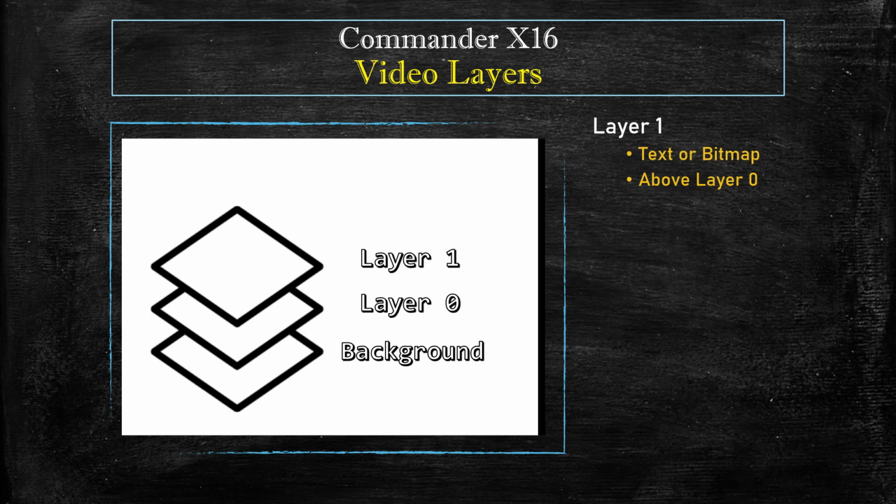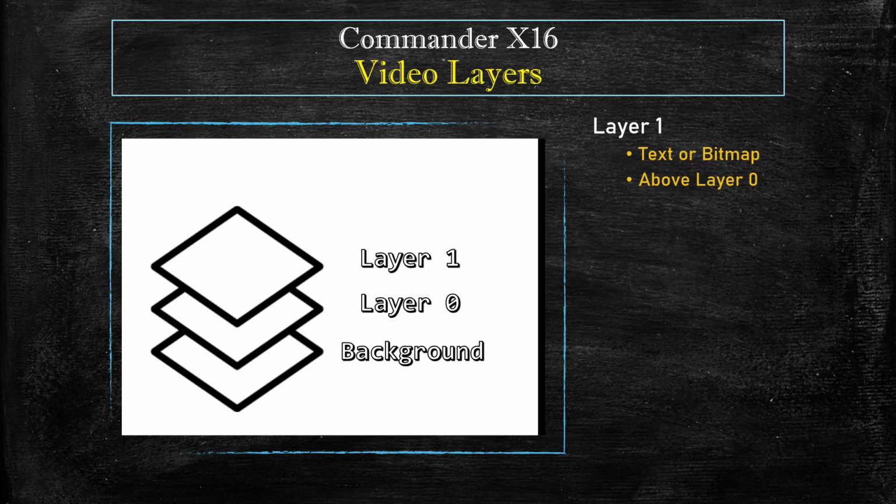So what is another way that we can see the background color on our video screen? Well, another technique we can use is by simply disabling the layers above it. So if layer 1 and layer 0, for example, are both disabled, then even if there are images displayed on layer 0 and layer 1, nothing is going to show up on the screen for those layers, and we're going to see the background layer below it. So we are able to enable or disable these layers independently, except for the background.